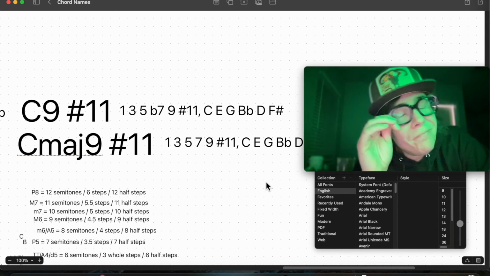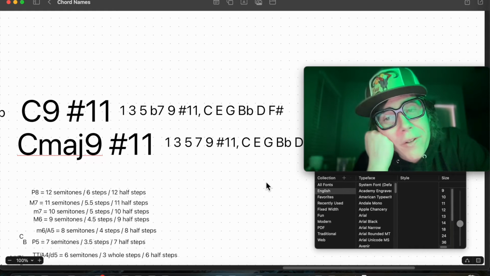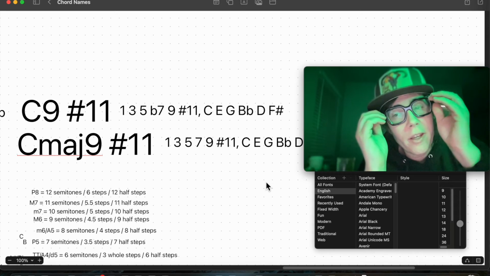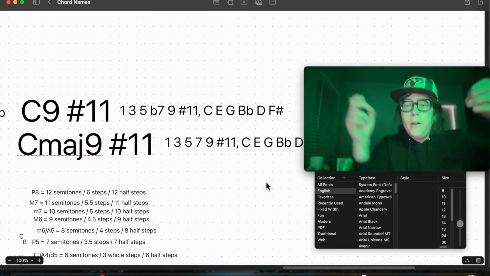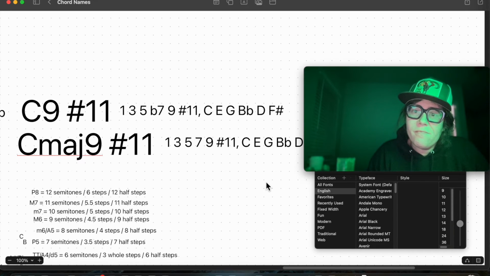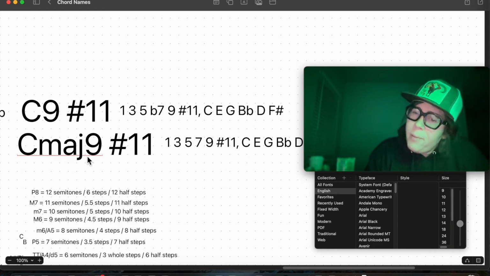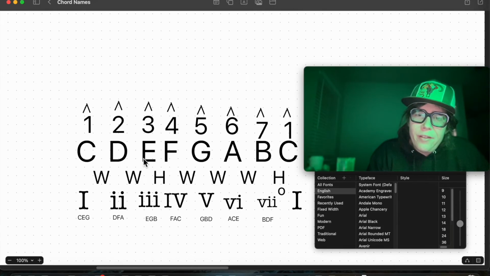So that 9 infers the 7th. Yes, it does, because it's representing a continuation of these added thirds. I'll say it again. It's representing these added thirds if we kept going. Next one, B up to D, etc.